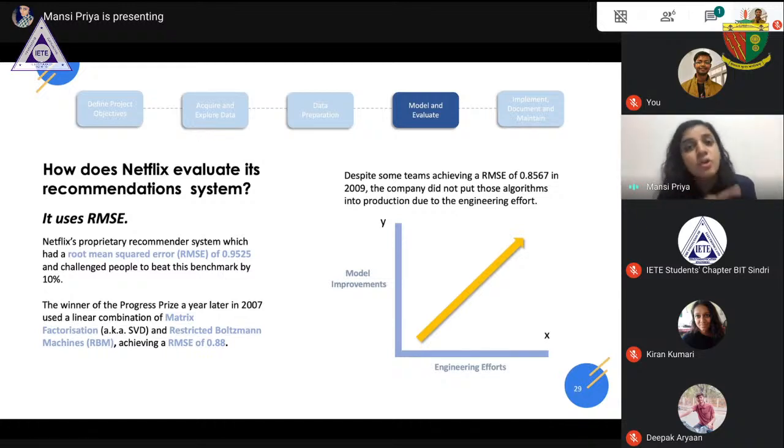but Netflix did not put this into their recommendation system, because as we move toward more and more accuracy, it needs more cost and effort. That is why in actual industry, we don't have that much time or resources to keep working toward a zero-error model.